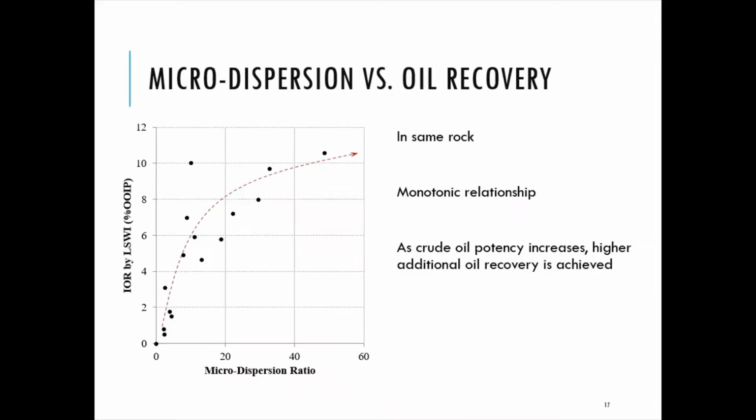So here in this slide, what I have done is I summarize the results of ultimate additional oil recovery by low salinity water injection versus micro-dispersion ratio. This micro-dispersion ratio is what is formed after contacting with low salinity water, divided by the initial bound water of the crude oil before any experiments.